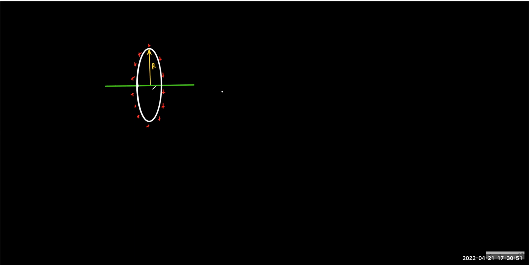So this rod is negatively charged with charge minus q, and the length of the rod is 2r. And it is kept in a gravity free space. The ring is fixed. So right now you can see that half of the rod is on the right and half is on the left. So the net force is how much? Net force is 0. Yes.